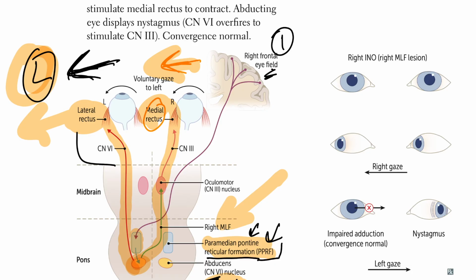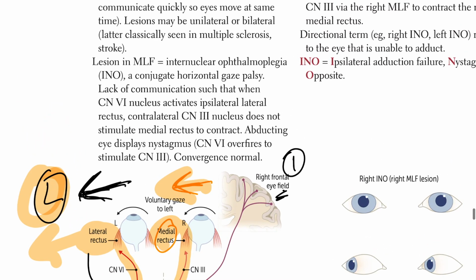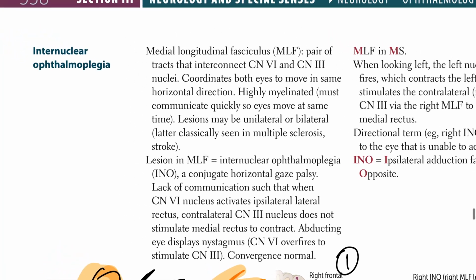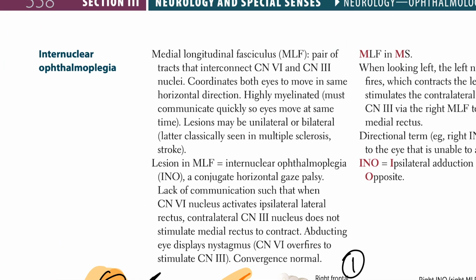Okay, now with this, let's read the book. So, simple things first. Internuclear ophthalmoplegia is basically a lesion of the MLF. So let's read first. The medial longitudinal fasciculus, which is MLF, is a pair of tracts that interconnect the two nerves, 6 and 3 nuclei.